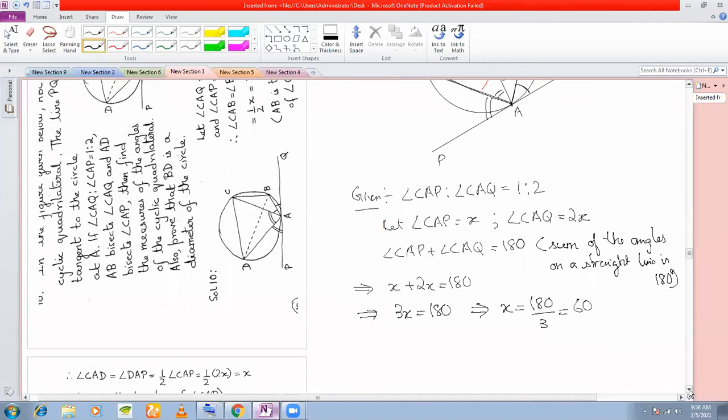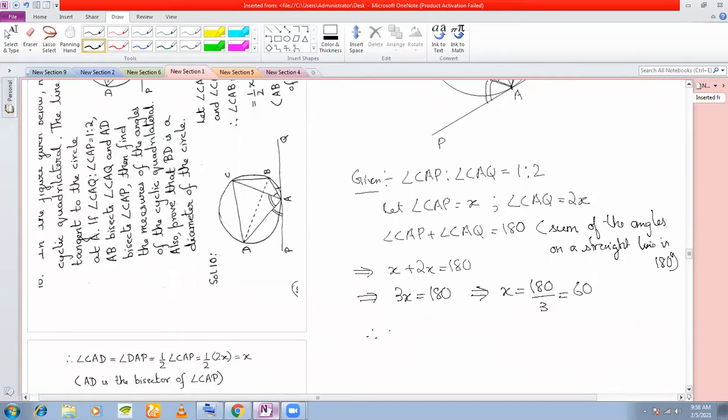So the value of x is 60. So what are the angles? Therefore, angle CAP is x, which is equal to 60 degrees. Angle CAQ is 2x, which is equal to 2 into 60, equal to 120 degrees.